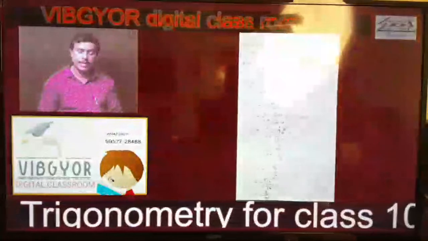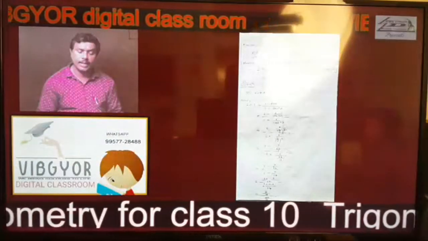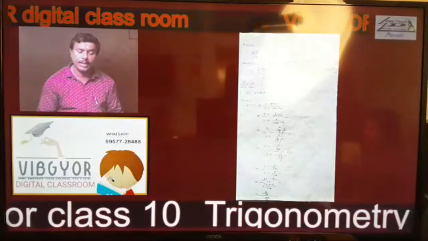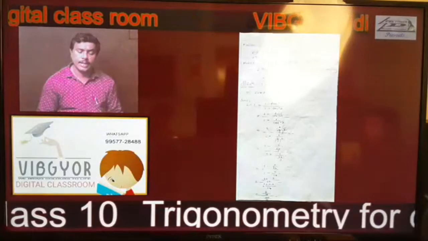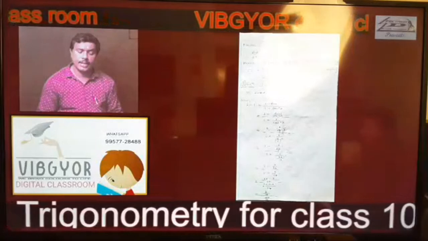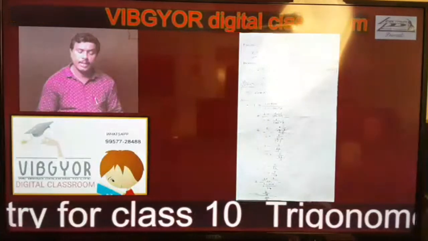Then we are taking left hand side, and the left hand side is 1 minus tan square A by 1 plus tan square A, and already we know that tan square A is equal to 1 by cos square A. So in place of tan square A, we are putting here 1 by cos square A, and in the denominator also 1 plus tan square A is there.